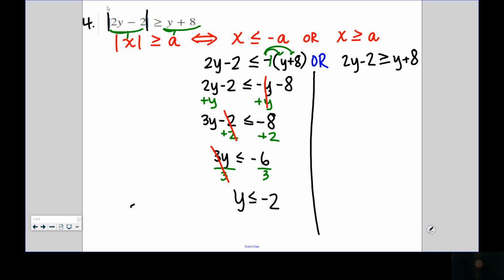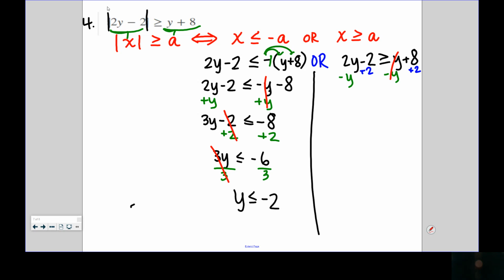This one's going to be easier to solve. We don't have to deal with that negative. So we could go ahead and move variables to the left, numbers to the right. All right, so minus y, minus y. Now let's try to do this all in one step. What should I do with the negative 2? Add it to both sides, really.